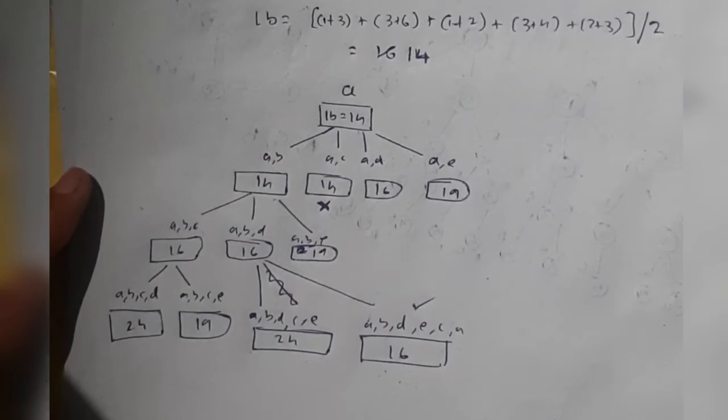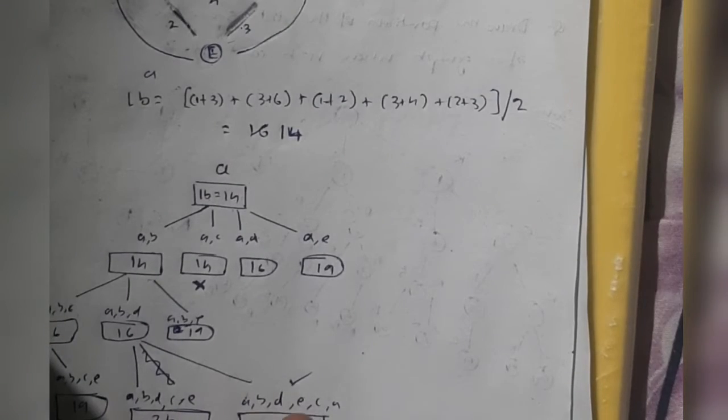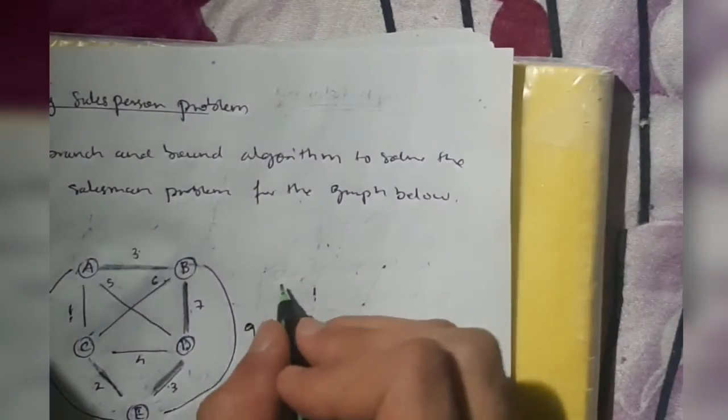So finally, we'll be writing the answer here, which is the minimum tour. Which path should he take?